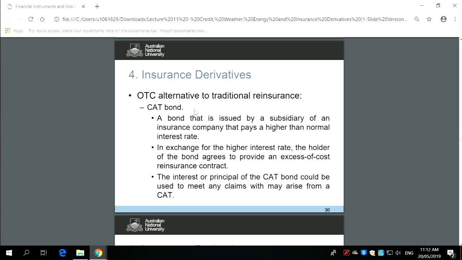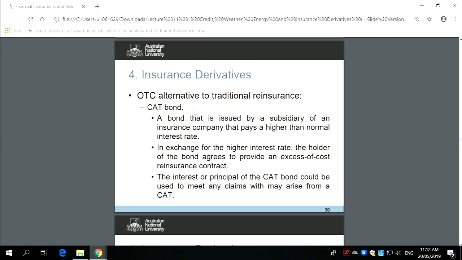It depends on the terms and conditions of the issuance of the cat bonds. The interest and the principal of the cat bond can be used to meet damage claims from either an earthquake or hurricane. For example, if an insurance company wanted to be protected for California earthquake losses between 30 million and 40 million, it could issue a cat bond with a total principal of 10 million.